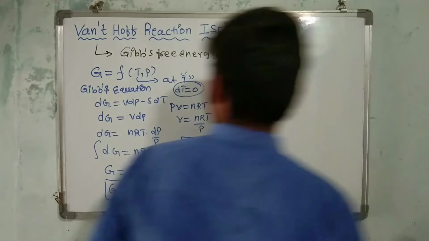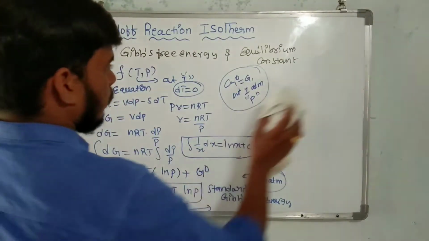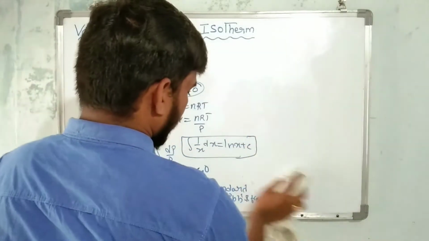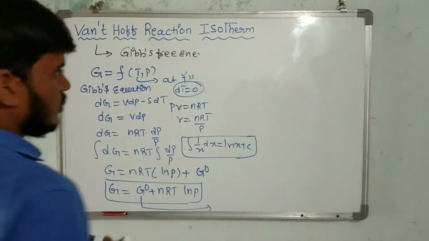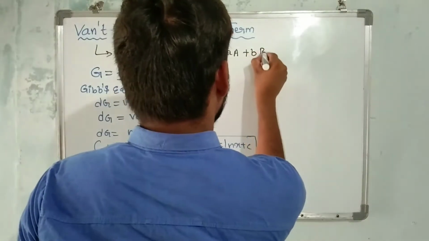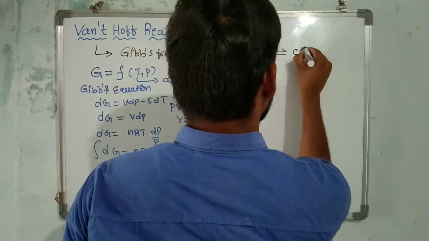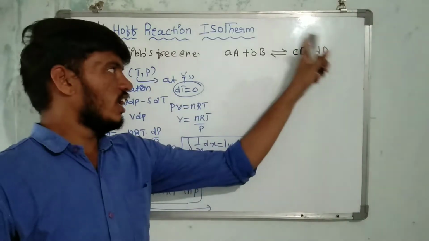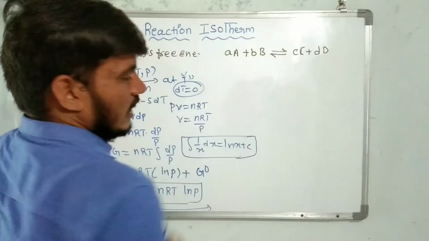Now we have to find the Van't Hoff reaction isotherm. First of all, consider a system, an equilibrium system: aA plus bB in equilibrium with cC plus dD. These are the reactants and products.